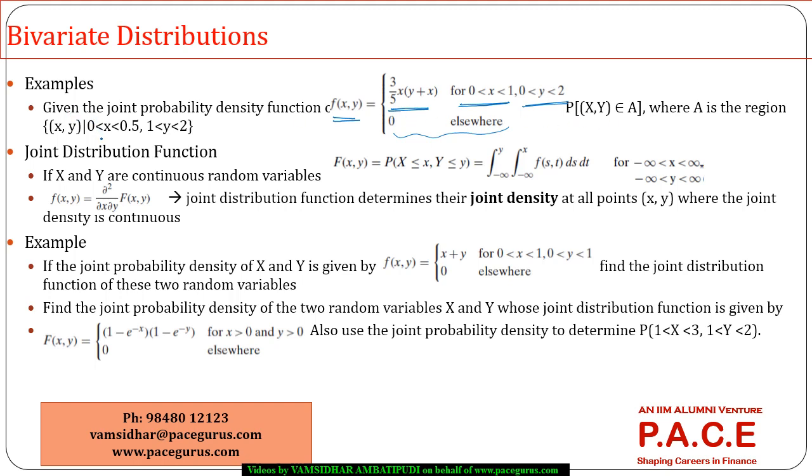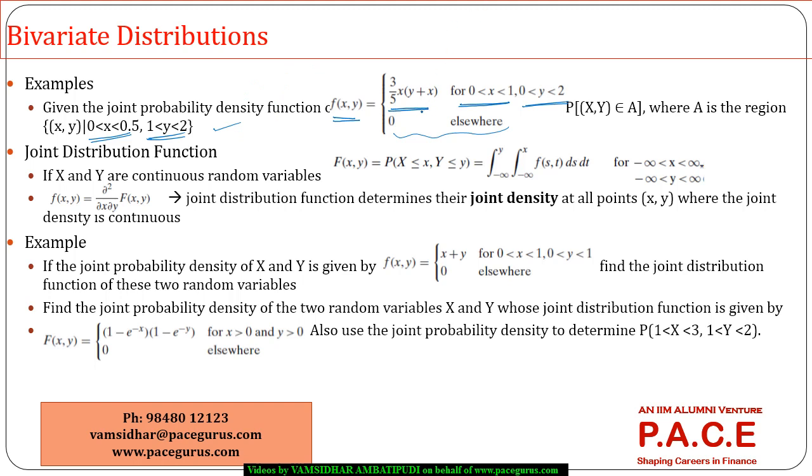Right? A is the region where we are talking of x lying between 0 and 0.5, y lying between 1 and 2. So we want to find out what is the probability of xy with the area A as a region. So overall this is the density function, and from here I want to find out what is the probability that x is between 0 and 0.5 and y is between 1 and 2.